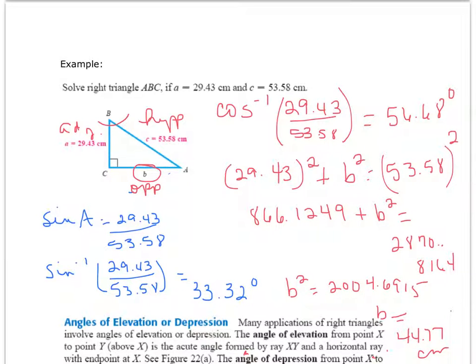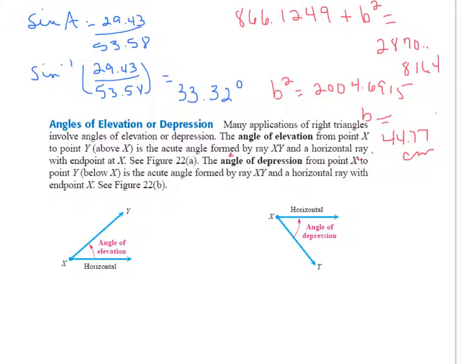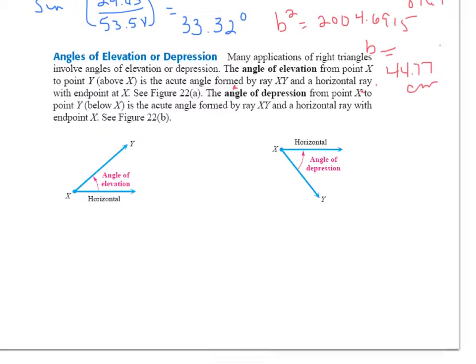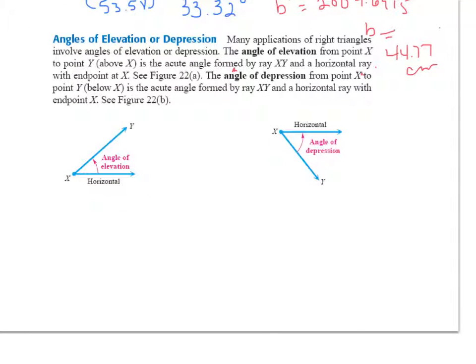So now we're going to take what we know about solving right triangles, and we're going to talk about angle of depression and elevation. And I really love this part. When I taught high school geometry, these were one of the favorite parts that I got to teach. It was always fun to me. So the first thing we're going to look at is angle of elevation.